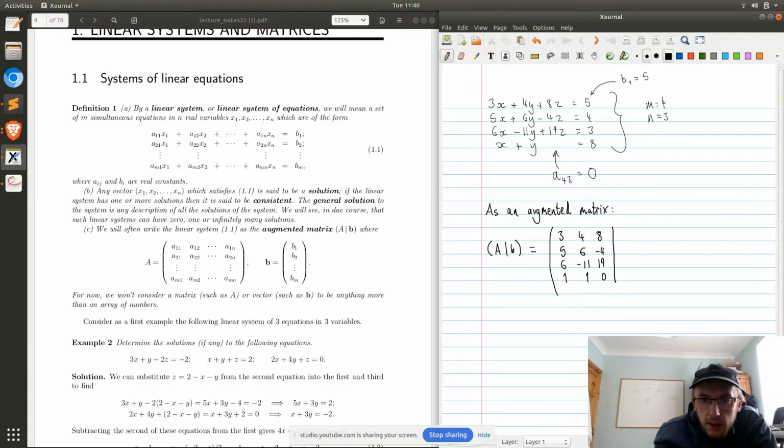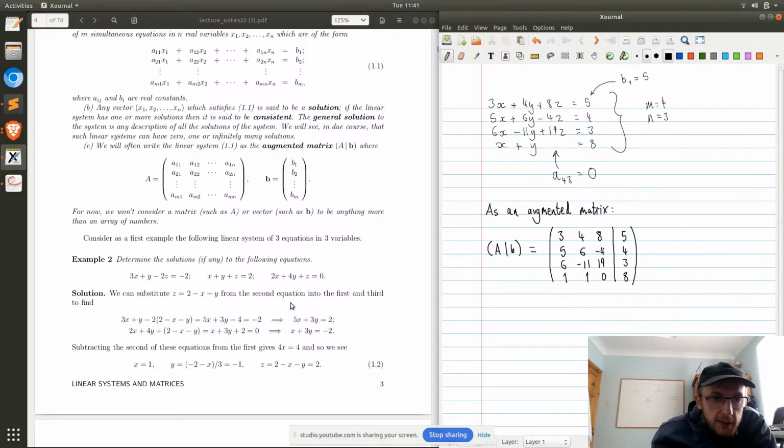And then a big bar, and then 5, 4, 3, 8. Just there like that. For now, we won't consider a matrix such as A or a vector such as B to be anything more than an array of numbers.